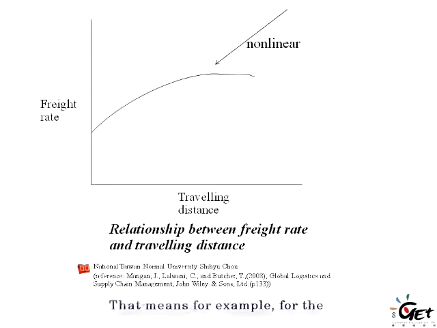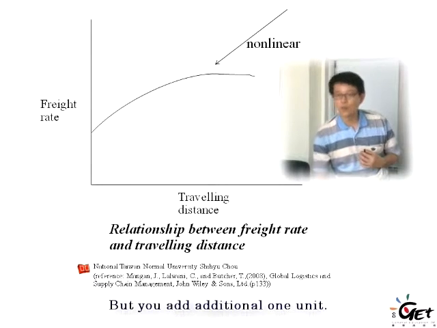That means, for example, if you have the distance here and you add one additional unit of distance, the increasing amount of fee will be less than when you have less distance and you add an additional one unit.